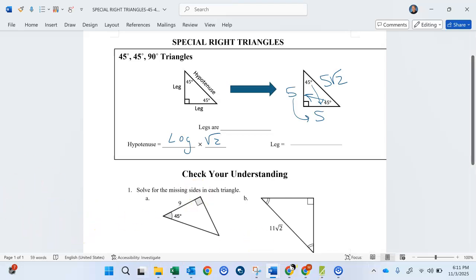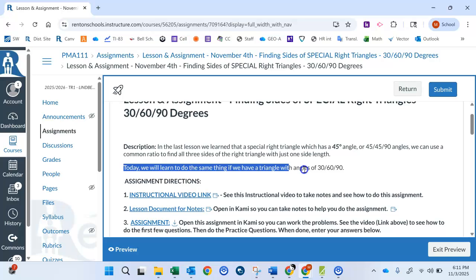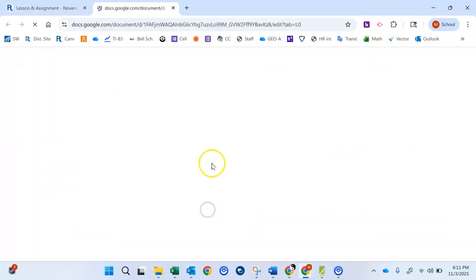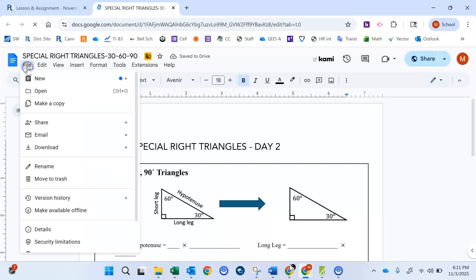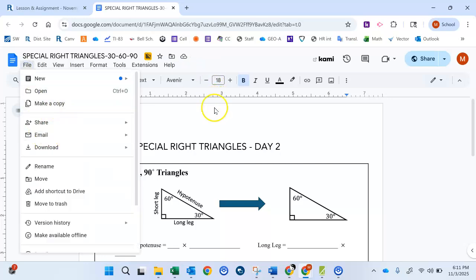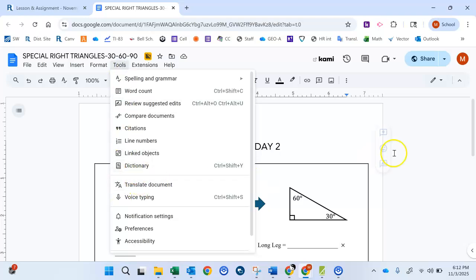But today we're going to learn about a different type of special right triangle. Today, we're going to learn how to do the same thing, but if we have a 30, 60, 90 degree triangle. So you're going to want to open up these documents right here. Please go ahead and open that. And remember, you can always translate this if you need to. You can go File, make a copy, and then come back here and translate.